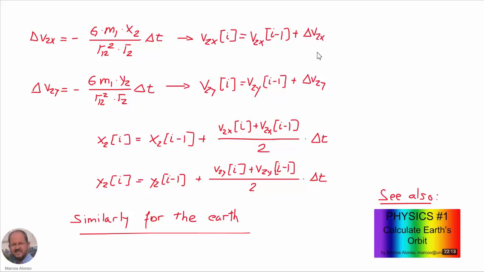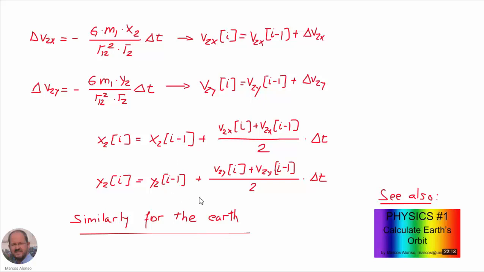The new value of the velocities is obtained by adding this increment to the previous value. And then using these expressions we can calculate the new position of the Moon in this case by adding the average velocity times the time interval to the previous value of the coordinate.